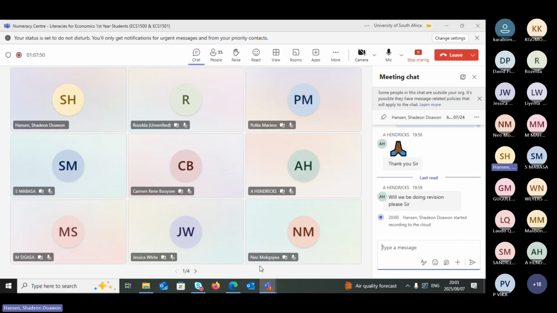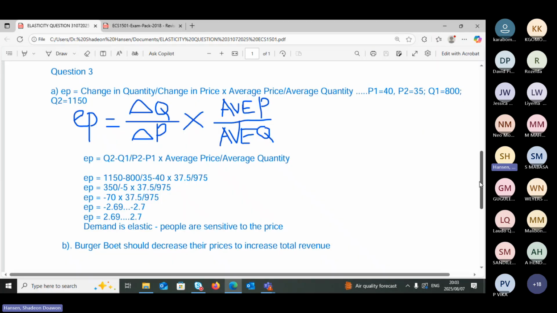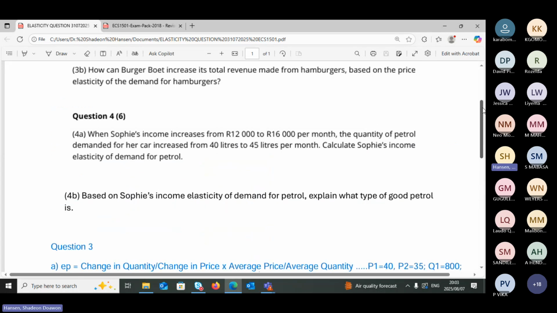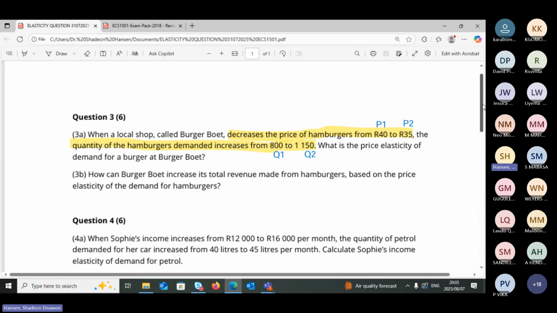All right, but please note that if you look at this question over here, students, this question as is, question 3 and as well as question 4, as is, we should have actually used the point formula. I'm going to type it here.